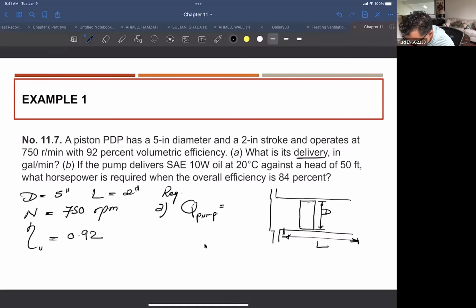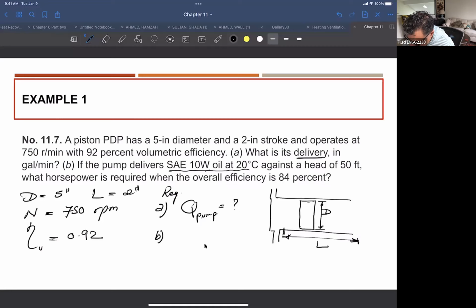Okay, so how much is that? If the pump delivers an oil of this very specific condition, I know this is an oil 10W, so I can go to the fluid property table and find out the density of this oil. So I need to find out, against a head of 50 feet, right?